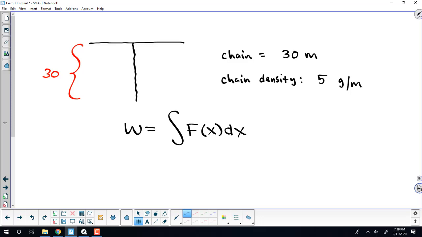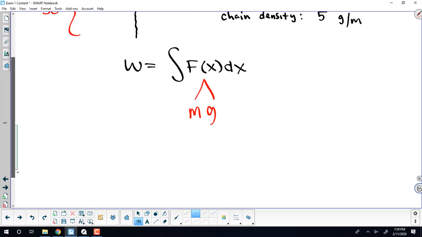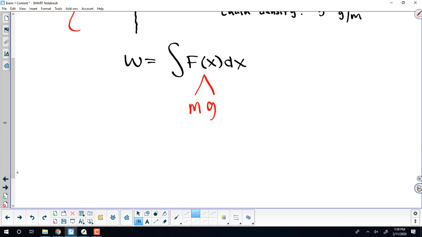But the density kind of gives it away. This is a linear thing that we're dealing with. Force, we're going to think of as mass times gravity, which we're then going to break up into density times length. Normally, with an object, it's density times volume because it's an actual object.